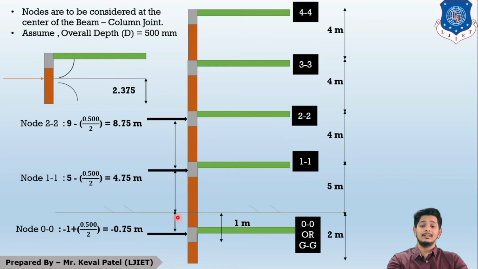We can see this in the picture, 2.375 to 6.75, which is half of this story and half of this story.